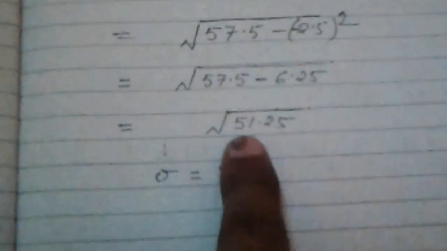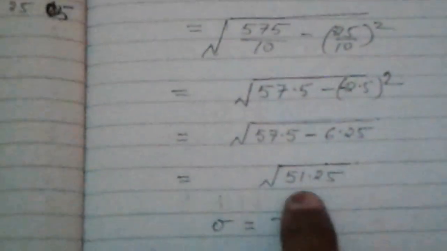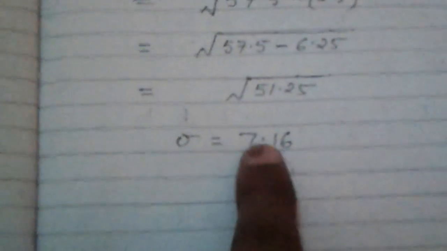Then we solve this and find the square root. Friends, this is the individual series.